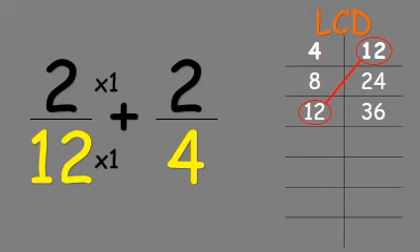Go ahead and do the same thing for your next fraction, 2 over 4. Are you multiplying by 3? That is correct. 4 times 3 and 2 times 3.